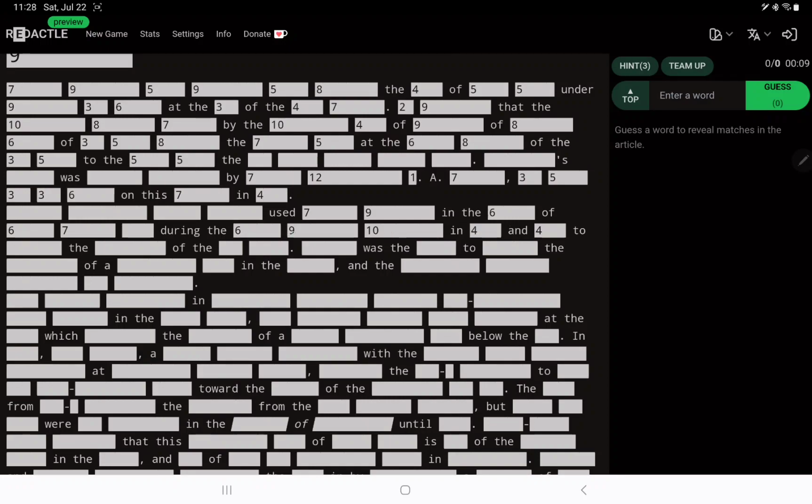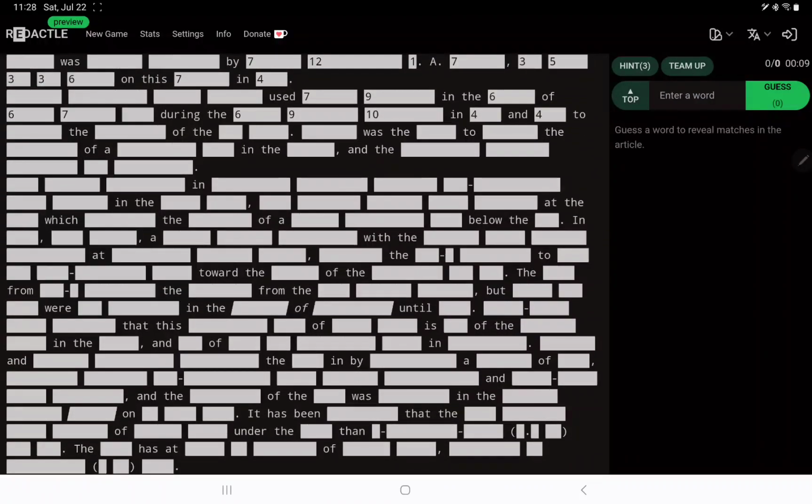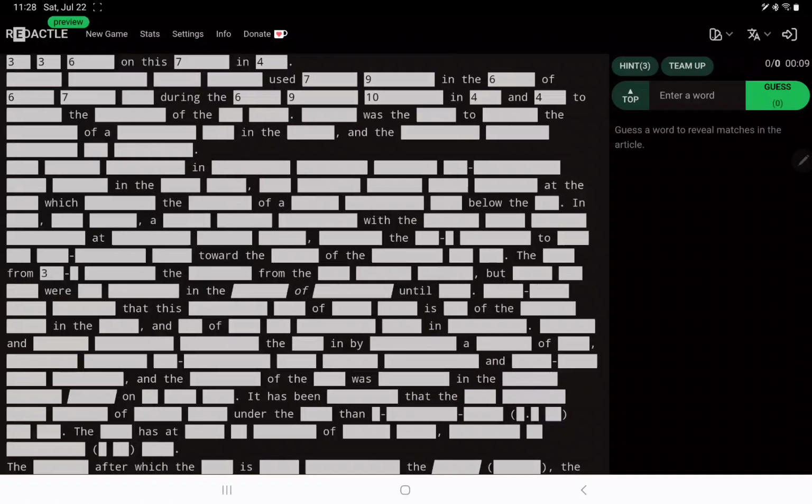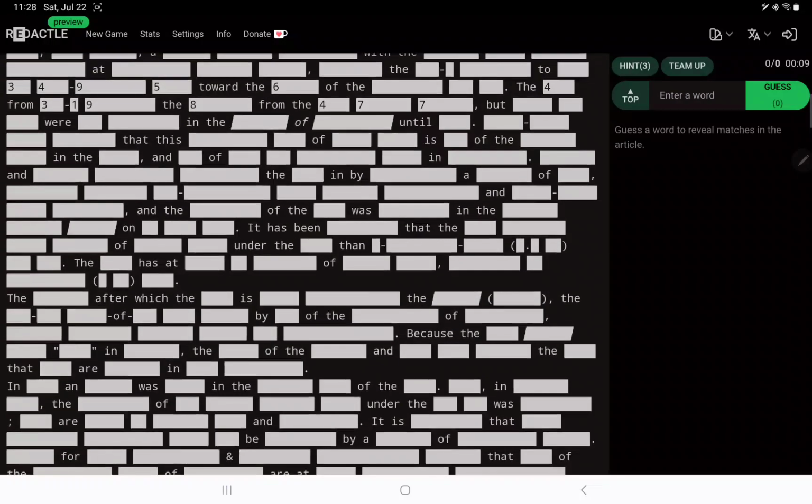The second something expedition. And here's this 3-1 again. The 4 from 3-1, 9, the 8 from the something. And we also have 4-9, 5.